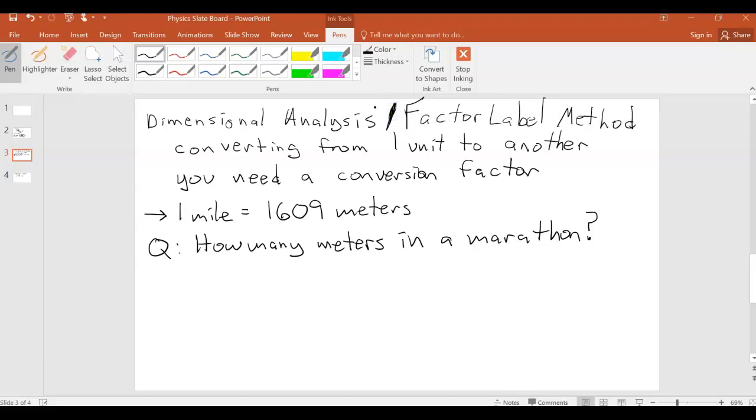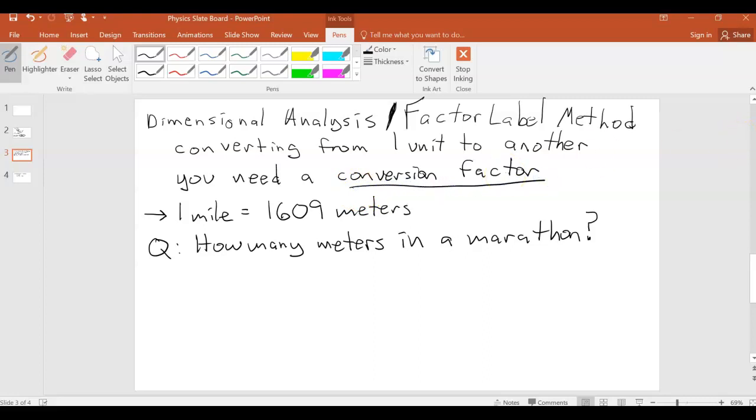This is an important skill that we'll use in physics because we use one system of measurement here in the US, versus almost 99.9% of the rest of the world, which grows up only with the metric system. We here in the US have to convert from one unit to another to get into the metric system. And what you'll need in order to do that is something called a conversion factor.